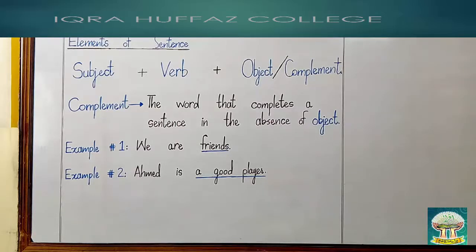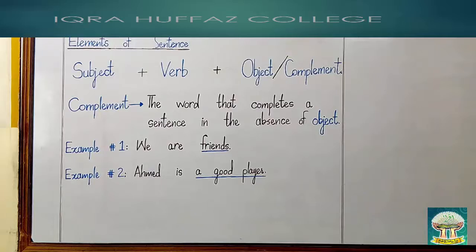We are friends. Ahmed is a good player. In these two sentences, there is no action. When there is no action, there is no object. When there is no object, there is complement. So, I hope you have clearly understood that object comes after an action verb and complement usually comes after a state verb.